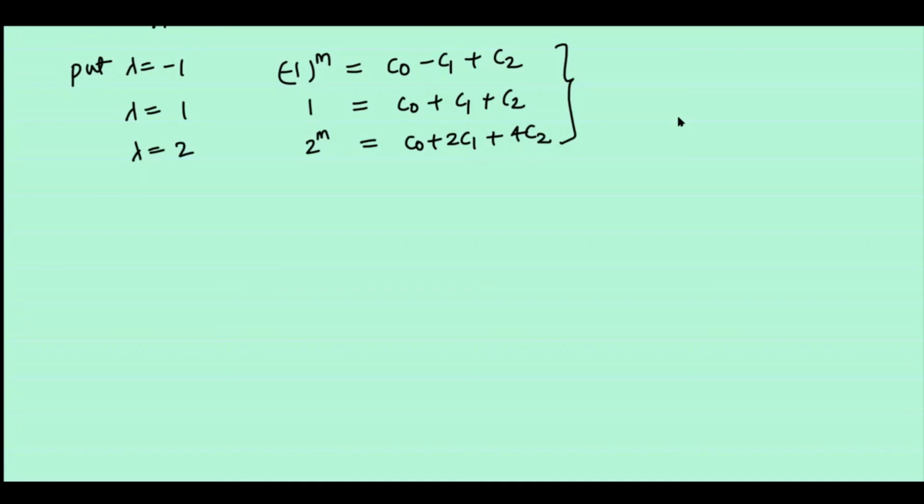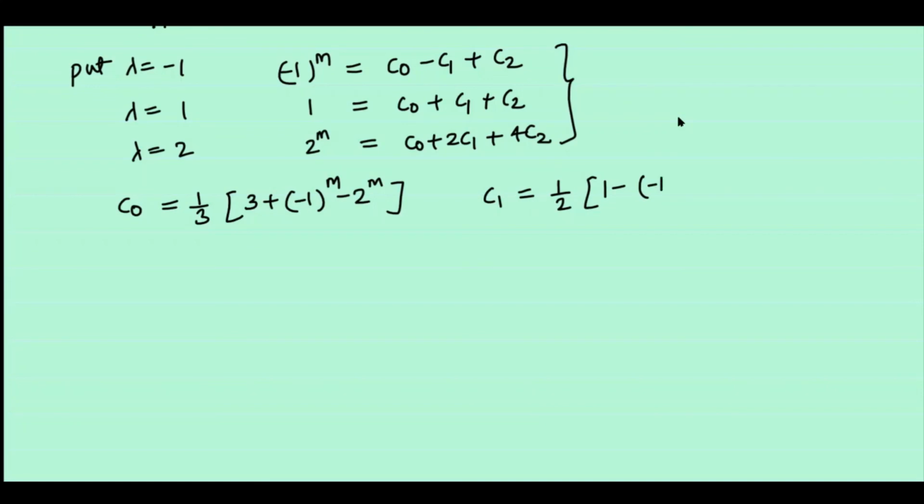Solving these three equations, we will get C0 is equal to 1 by 3 into 1 plus minus 1 whole raised to m minus 2 raised to m, and C1 is equal to 1 by 2 into 1 minus minus 1 whole raised to m, and C2 we will get as 1 by 6 into minus 3 plus minus 1 whole raised to m plus 2 raised to m plus 1.